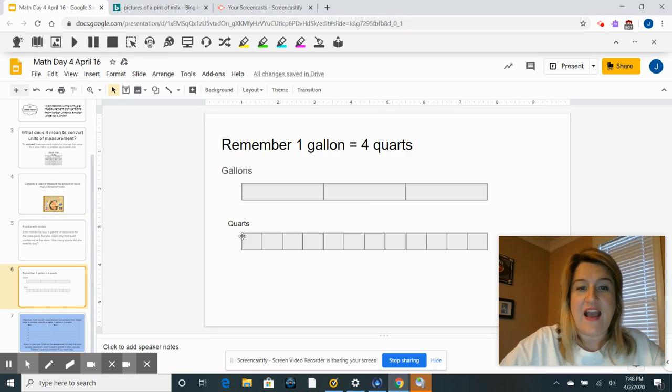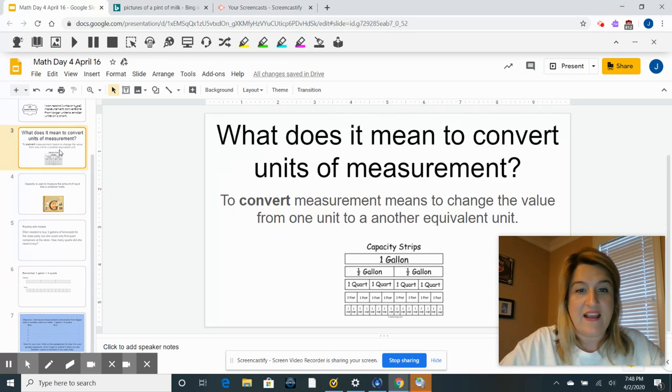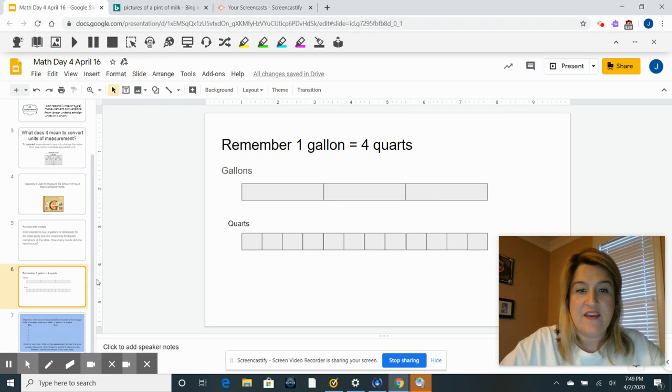So here I have a model where I have 3 gallons. If I need to look back at my conversion chart to see how many quarts are in a gallon, I can see here in my capacity strips that there are 4 quarts in a gallon. So for every 1 gallon, I'm going to make 4 quarts.